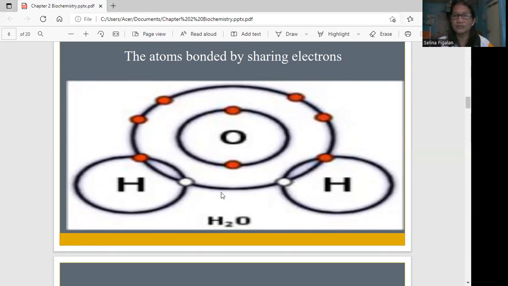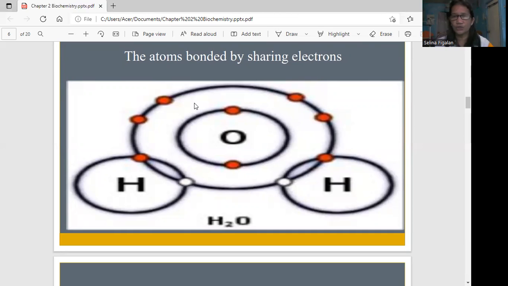How about with your oxygen? Since your oxygen needs 2 electrons, dumikit ngayon ang hydrogen on the last shell of this oxygen. So this hydrogen shared ng electron niya, which is 1, and then another 1 hydrogen shared another electron to oxygen to make this last shell complete. So magiging 8 ngayon.